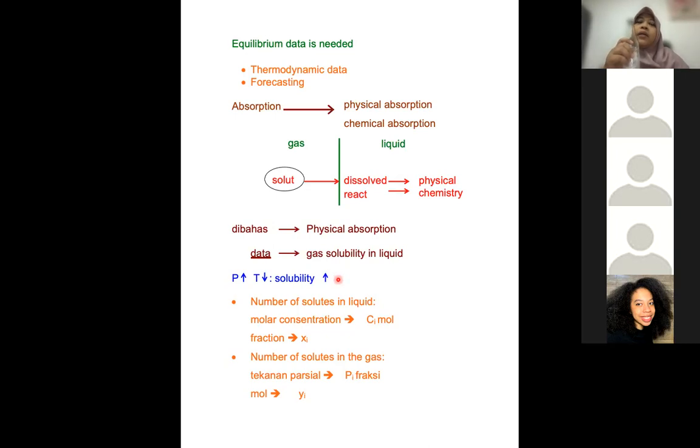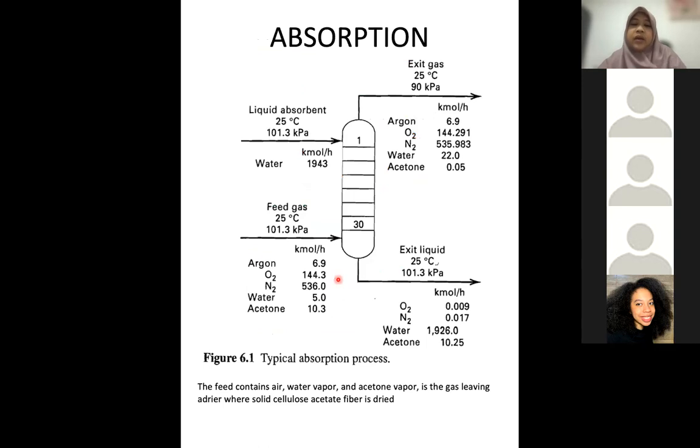But the next thing, okay, if I go back here, so what is the next? Once you get the exit liquid there, it contains acetone. Of course you want to release the acetone somewhere safely, right? And then you also want to recycle the liquid, the absorbent, so we can use it again. So then we're going to have another column, called desorption.